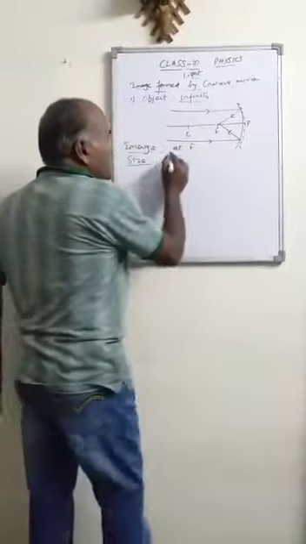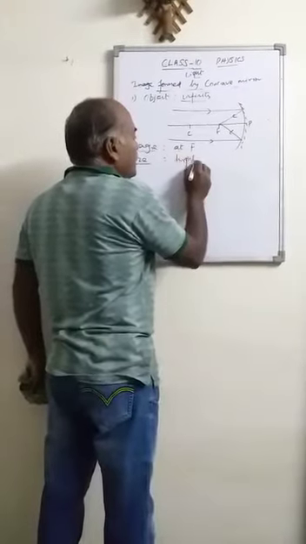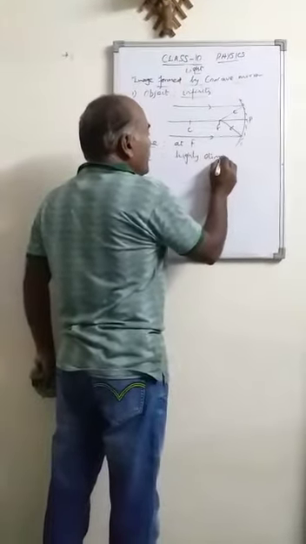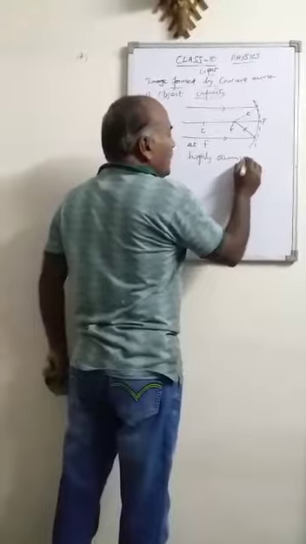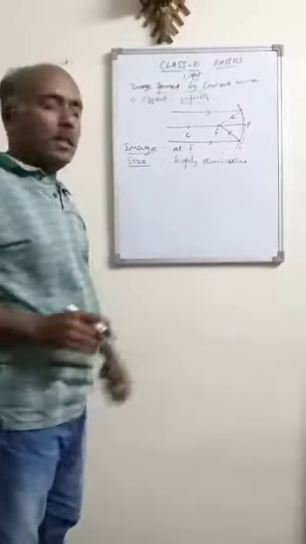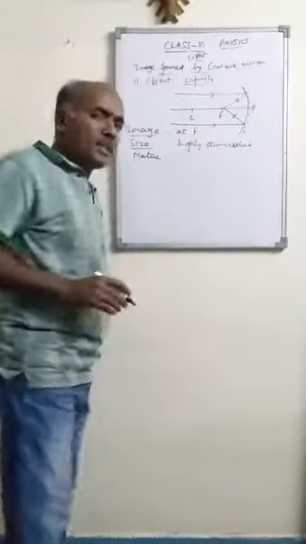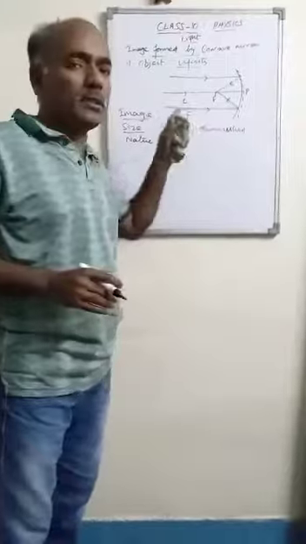So the size is very small. So we can say it is highly diminished. Diminished means it is very small. This is the size. And then coming to nature. Nature of image means whether the image is real or virtual.